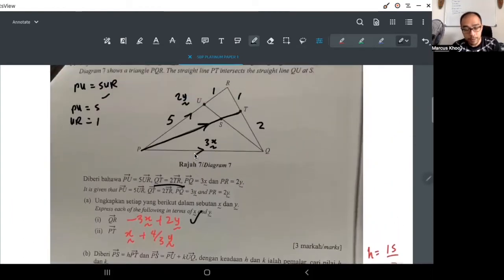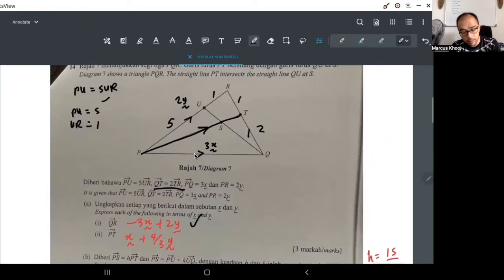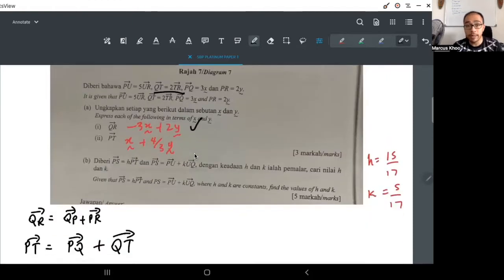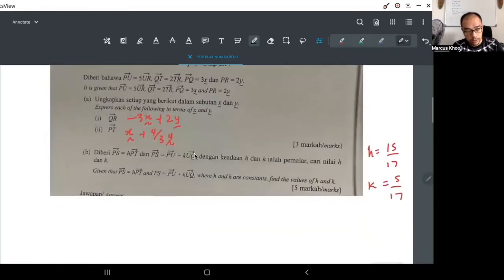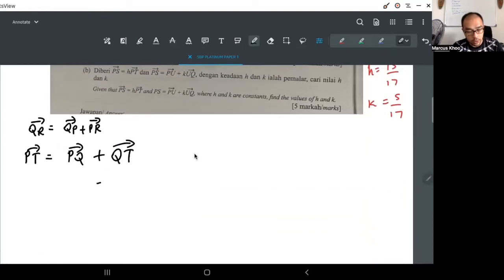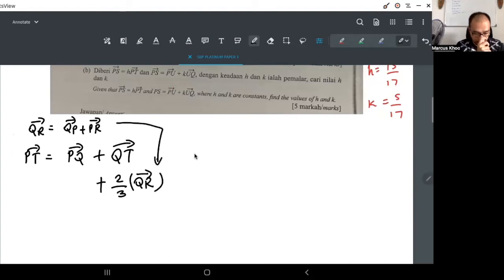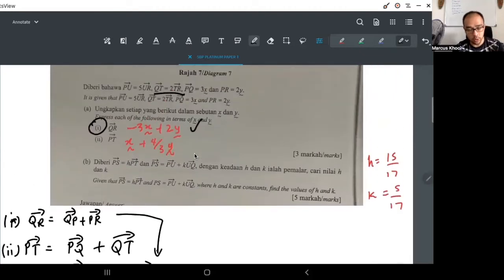PQ no problem lah, but QT got slightly problem because QT adalah sebahagian daripada QR yang kamu sudah cari. So QT is actually equals 2/3 QR yang kamu boleh dapat daripada jawapan A. Okay, sorry, the first answer lah. PQ no problem lah, kamu boleh ganti terus. So when you do all that, you will get this lah. Okay, x plus 4/3y.